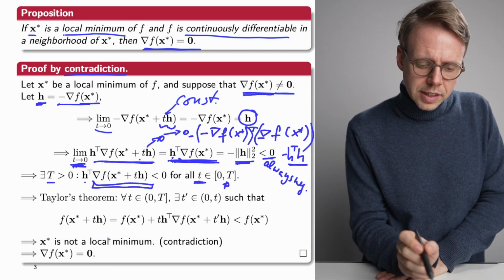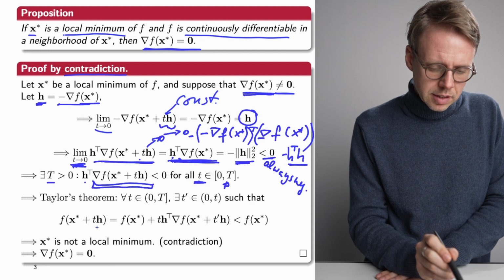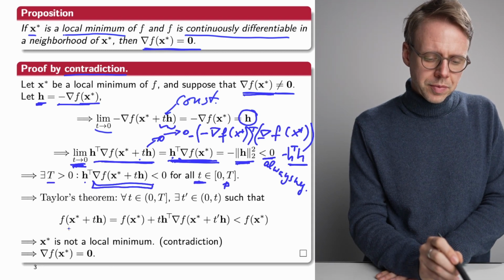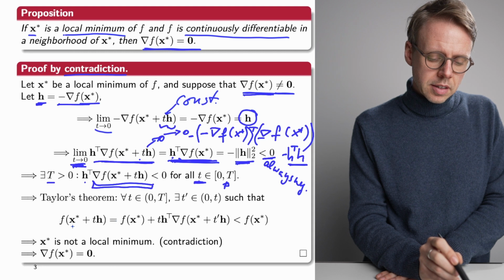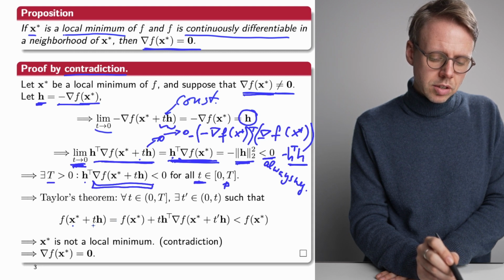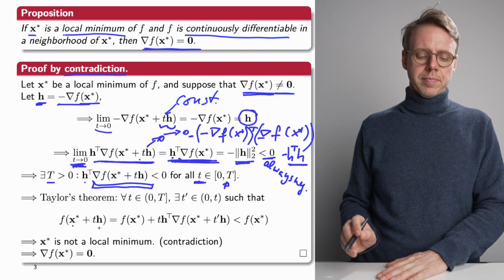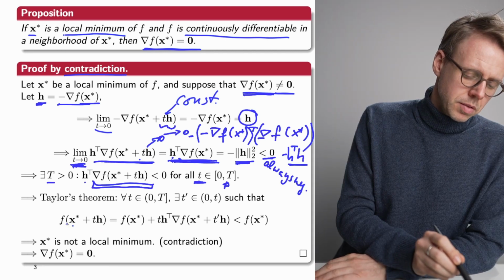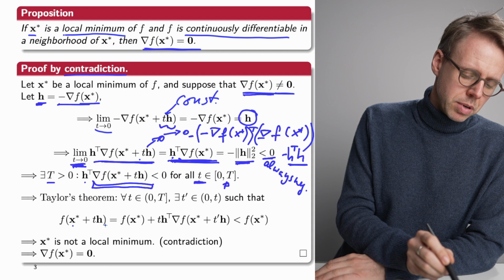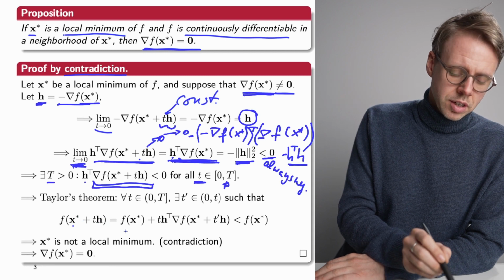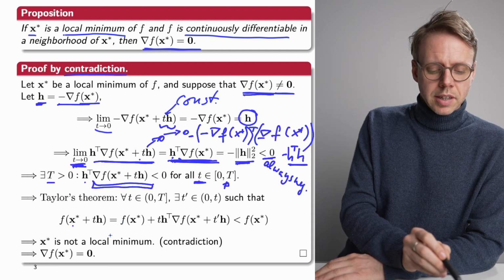Now for all of these little t's, let's look at the function value at x star plus this little t times h. Of course, on this point, which is x star plus th, we can apply Taylor's theorem.